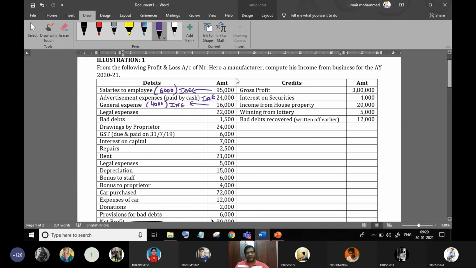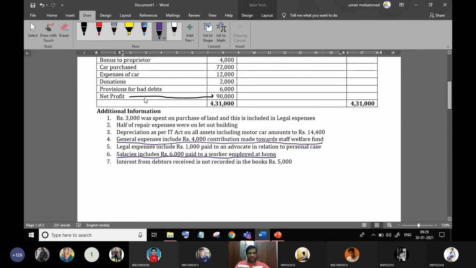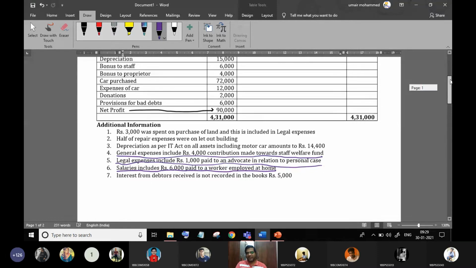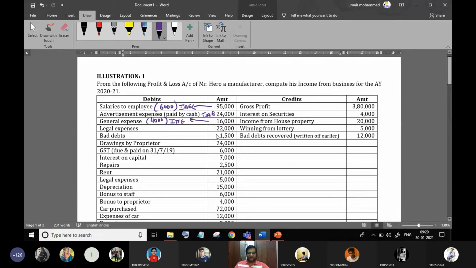This is a business expense, but always see the adjustment. So for legal expense, there is an adjustment. Adjustment number 5. Legal expense includes 1,000 rupees paid to an advocate, and it clearly says 1,000 rupees was paid in relation to a personal case. So he has spent legal expenses on business as per the profit and loss account worth 22,000, but this also includes personal counseling or personal advice taken from the lawyer for a personal case.